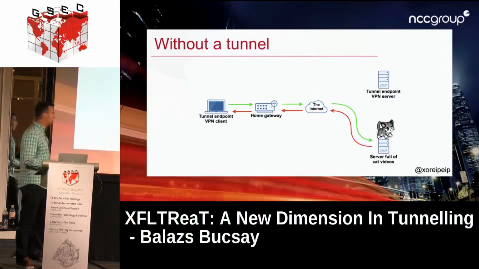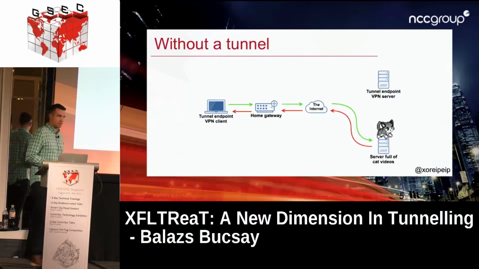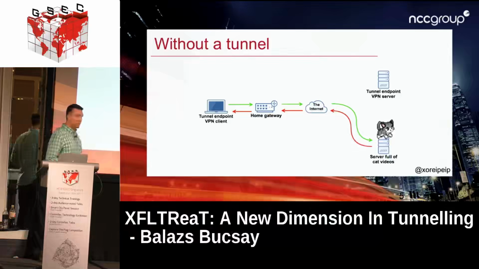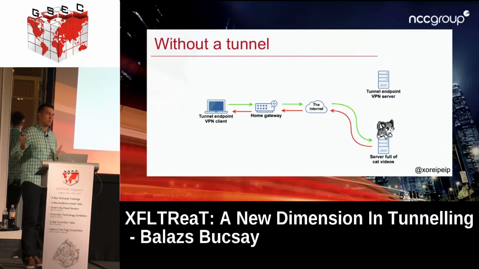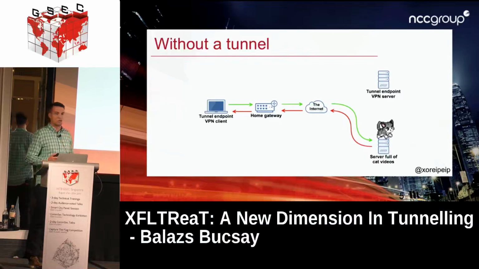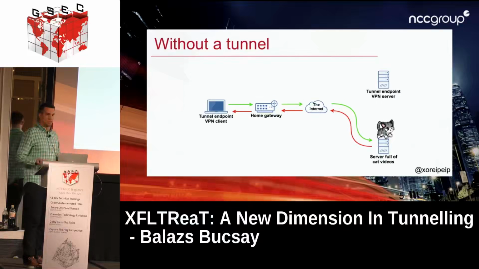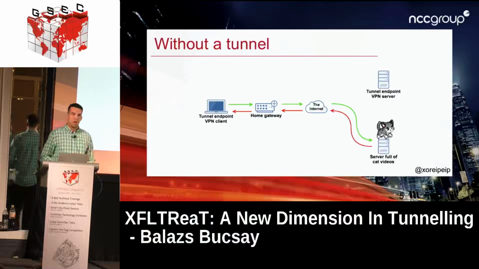But for those who don't know what tunnels are, let's see this figure. On the left-hand side, you have your computer, which is connected to a modem or router that is connected to the internet, right? And you have two servers on the right-hand side. One is a VPN endpoint, a tunnel endpoint, and the other one is a server full of cat videos, because you like cat videos, so you want to watch those.